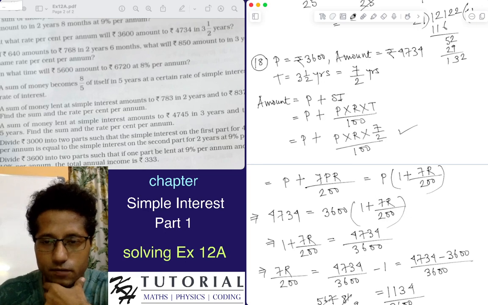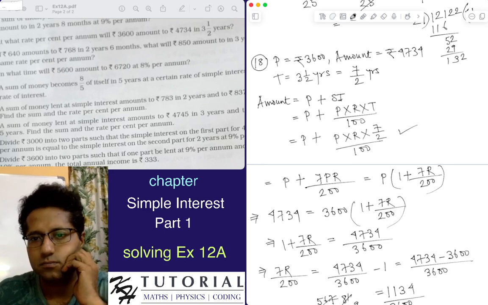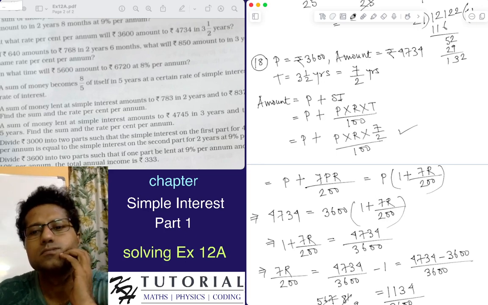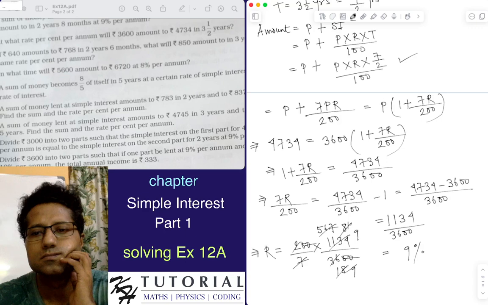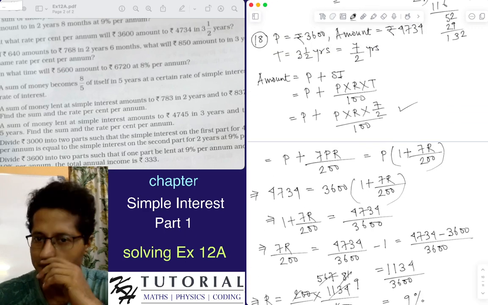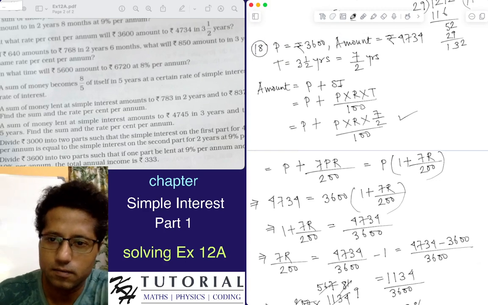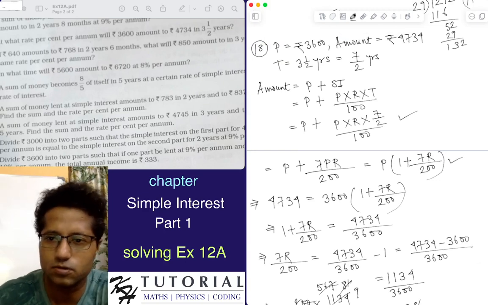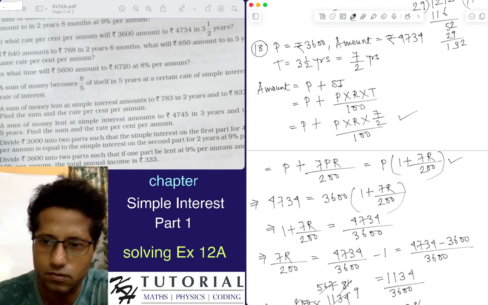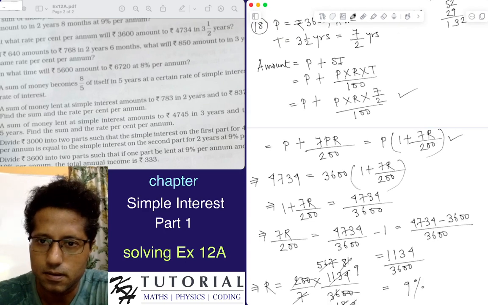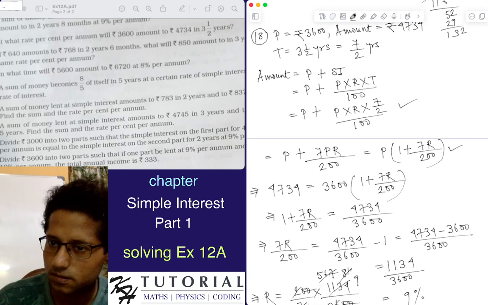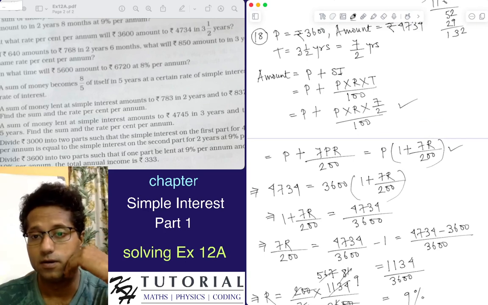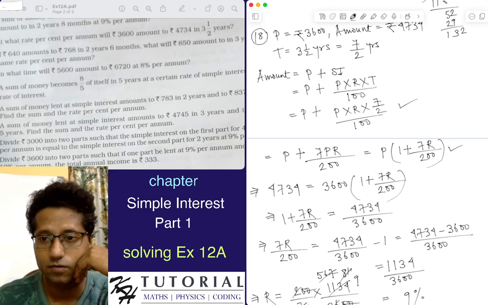No, for SI you will need the rate of interest, which is the unknown thing. So I took P as common, and the other factor was only having R.